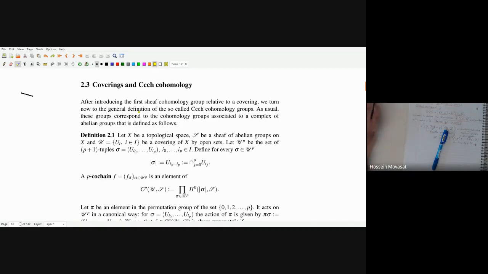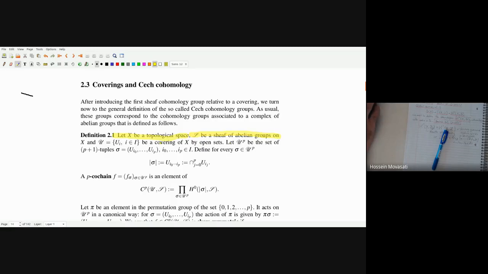So the point is that we want to define this cohomology, and it has to do with the combinatorics of a covering of a topological space. So let's start from here. As I said, we take X a topological space, S a sheaf of abelian groups.